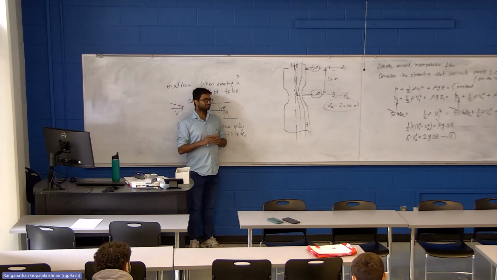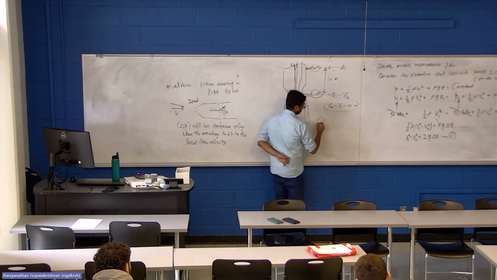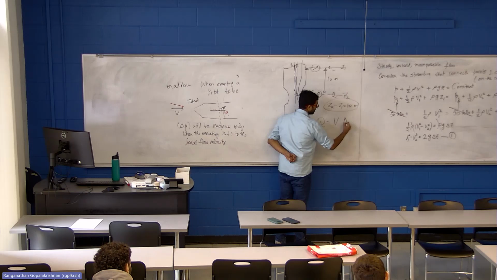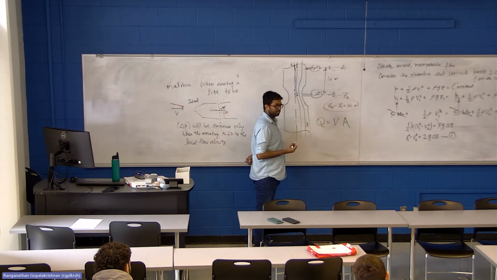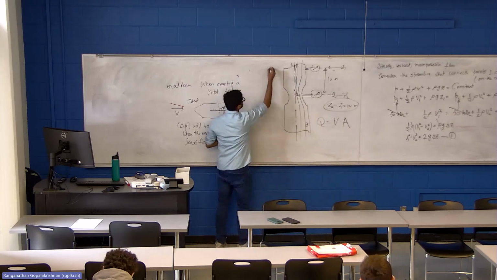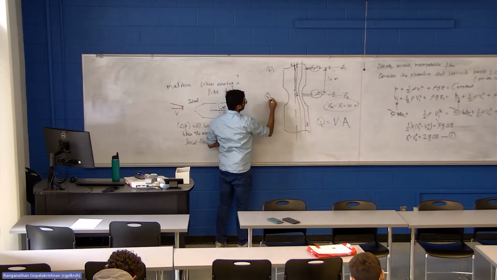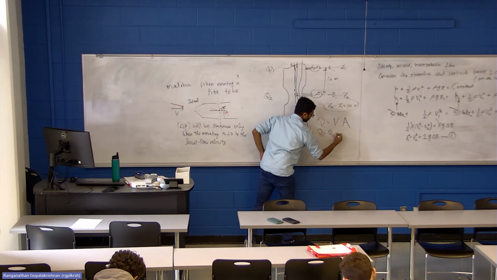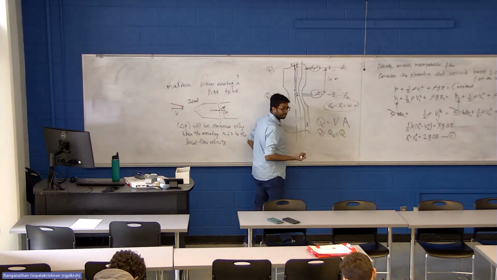So when you said volume flow rate again, what is volume flow rate? It is velocity multiplied by cross section area. Since the cross section has reduced compared to here, Q1 is the same as Q2, and we'll call it Q. That's what we are trying to calculate.